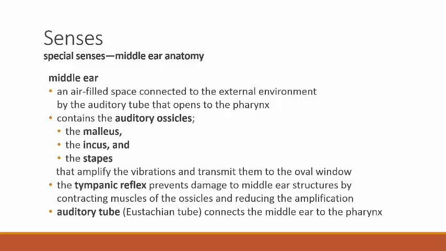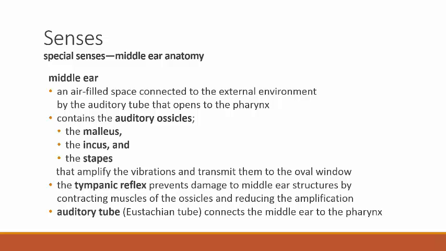The middle ear is an air-filled space that is open to the external environment. It's opened by a tube called the auditory tube, also known as the eustachian tube, but old Eustace is getting his name stripped off of that.